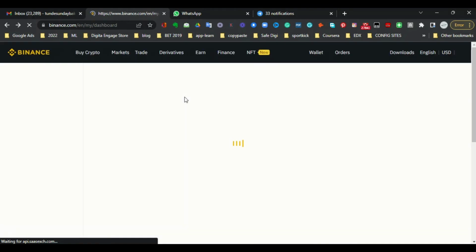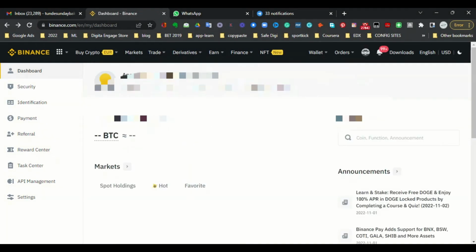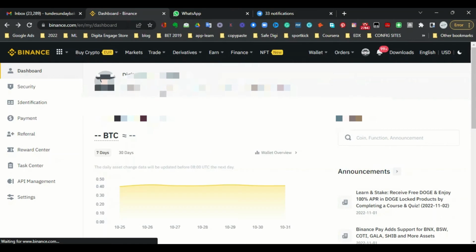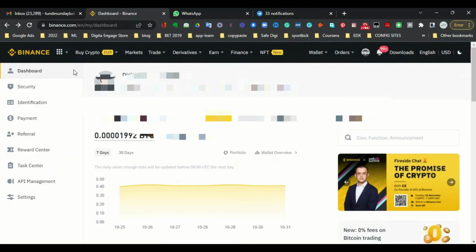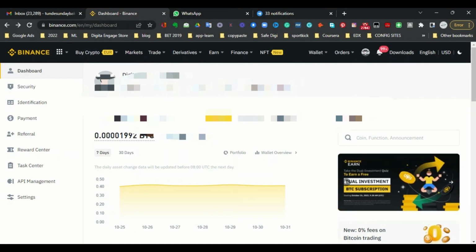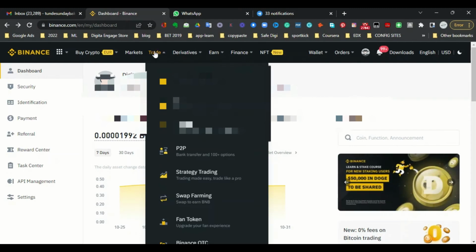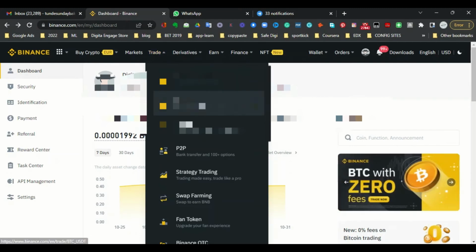So here, this is my dashboard. When you log into your Binance account that you have opened, verified and funded, place your cursor on trade. Now click on spot.